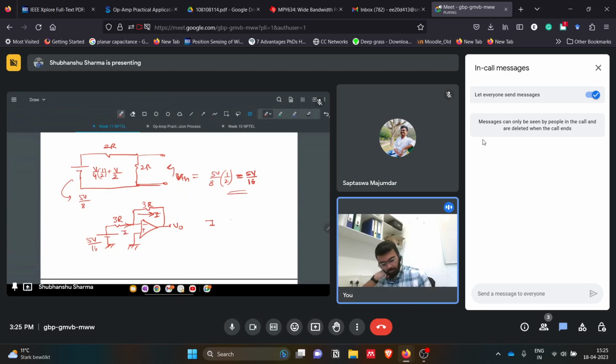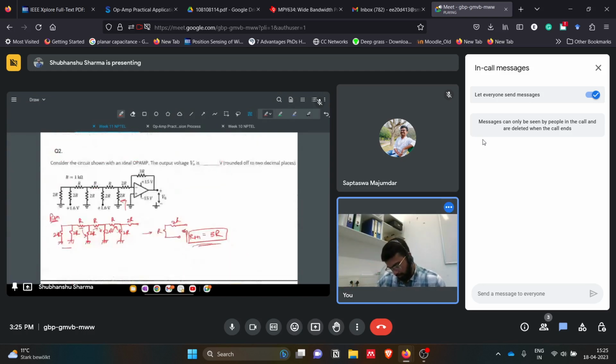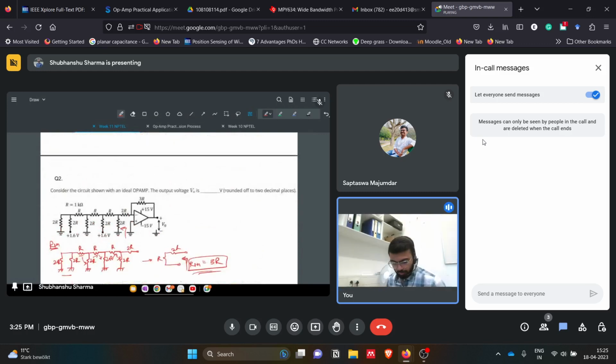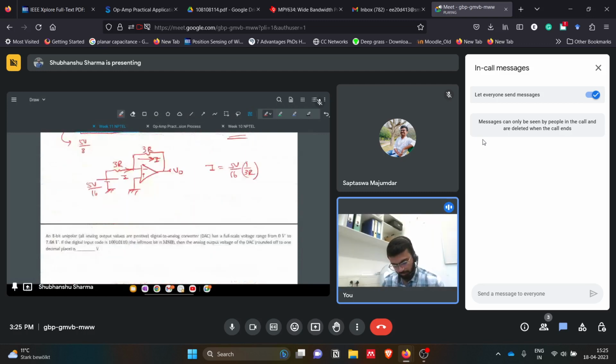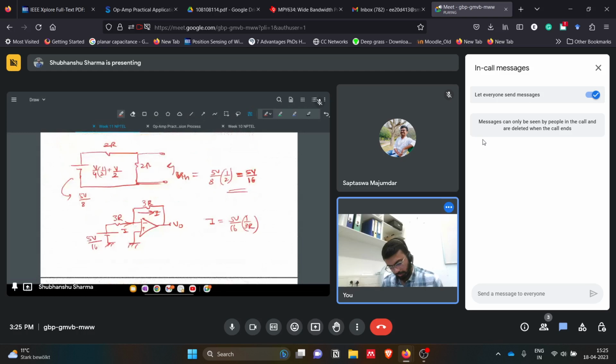So I equals 5V by 16 times 1 by 3R. Now in this question, what do we have to calculate? We have to calculate the output voltage. So this will be multiplied with the feedback resistor 3R. So we'll get 5V by 16 equals V naught minus.